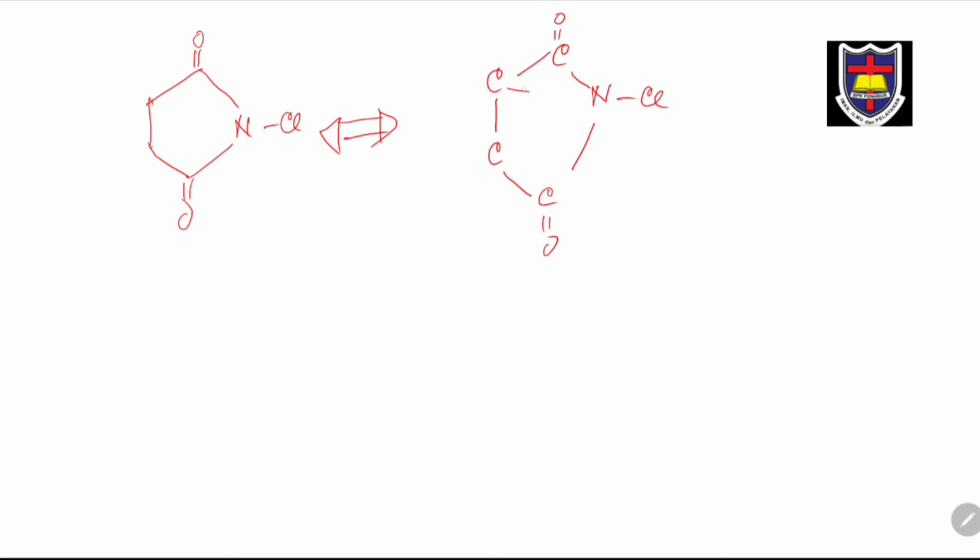So there are still 2 pairs of electrons which are bonded to H. So the molecular formula is C 1, 2, 3, 4. The number of H is 4, the number of O is 2, the number of N is 1, the number of Cl is 1.